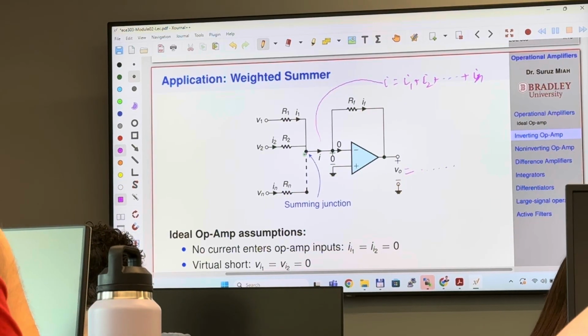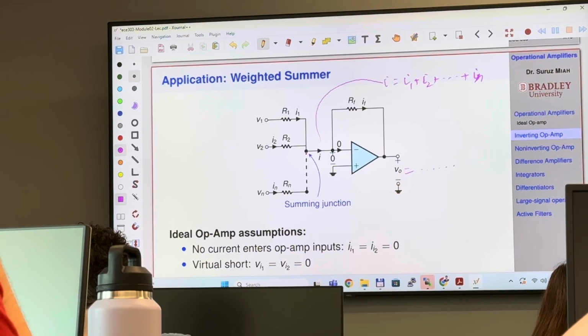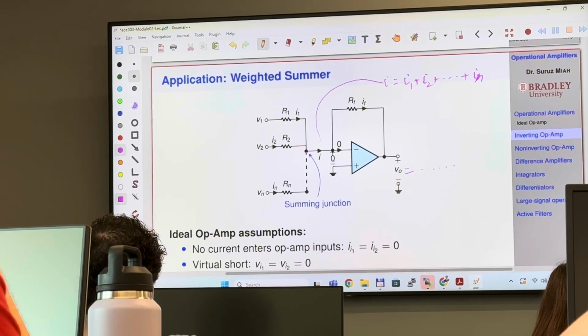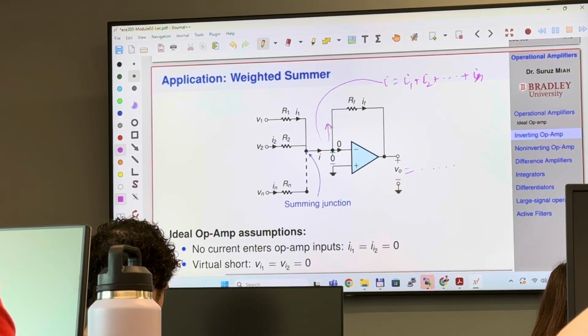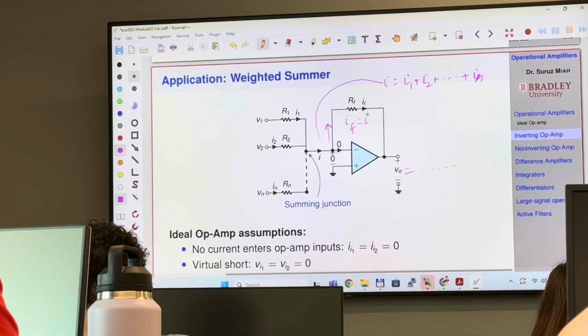You can apply KCL at this node, and you see that this current is going to be the sum of all the individual currents. Now because zero current will flow through this way, this entire current will go in this direction. So current flowing through this RF, I sub F, is going to be simply I.